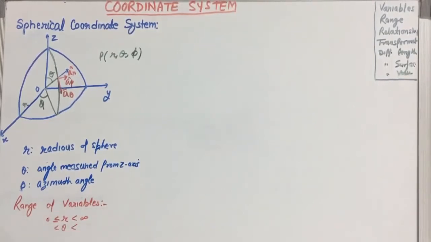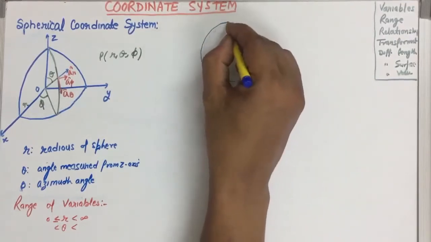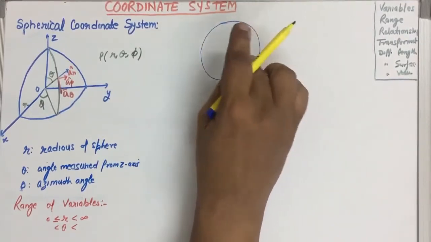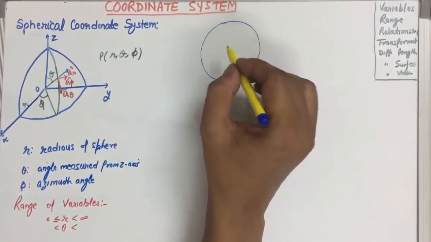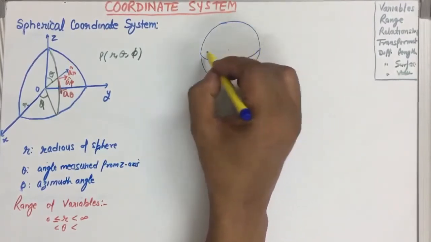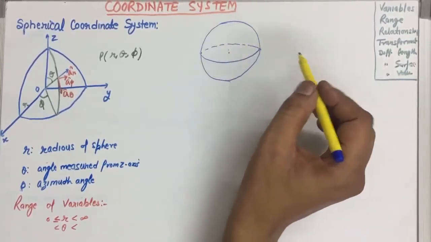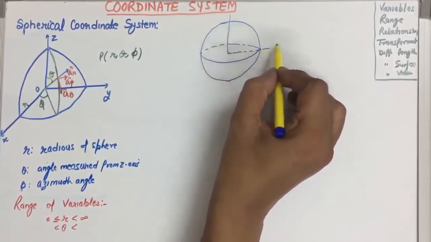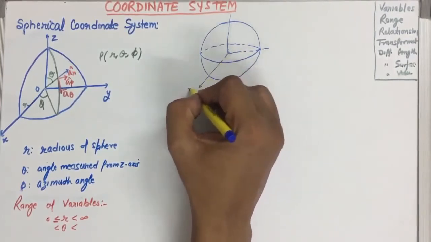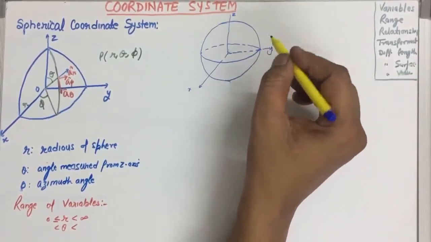To understand the range of theta, let us draw a sphere again. This is the center of the sphere. X, Y and Z. Don't worry about these coordinates.